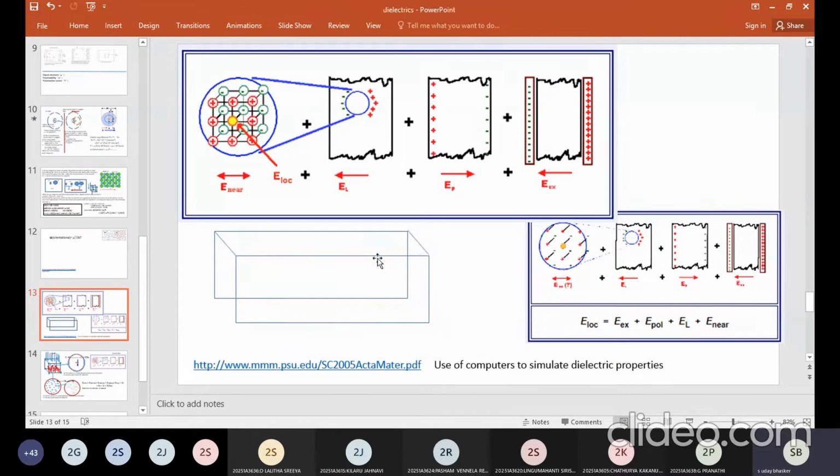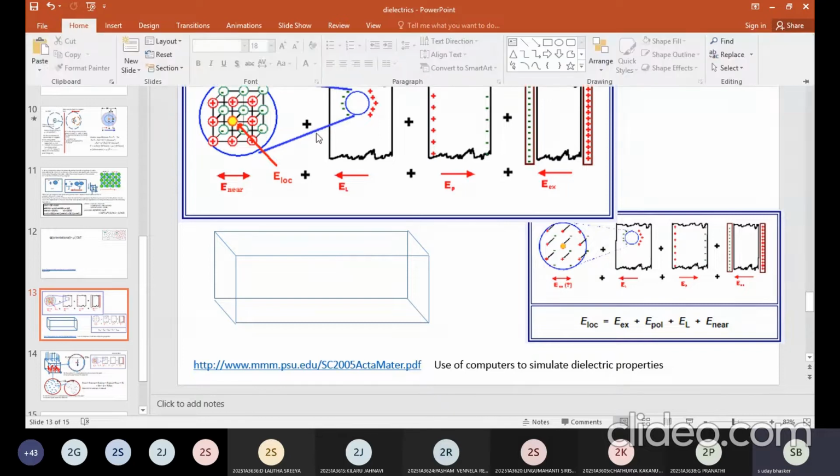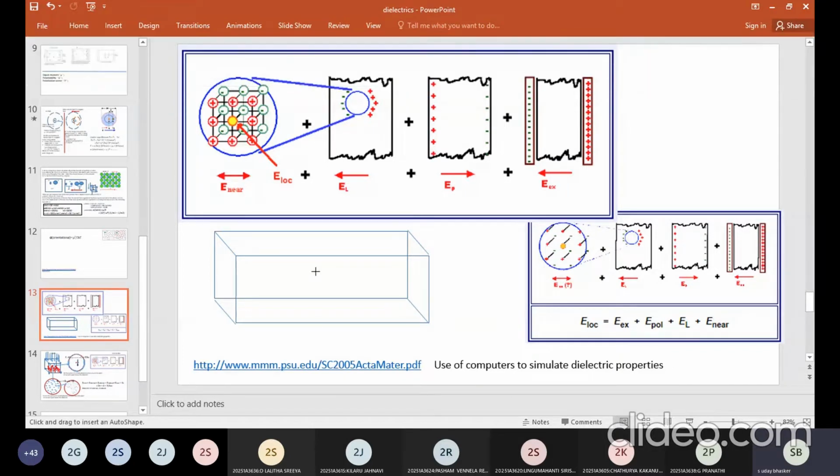In this electrically neutral dielectric, I'm considering a small point, and I want to know what is the electric field at this particular point.